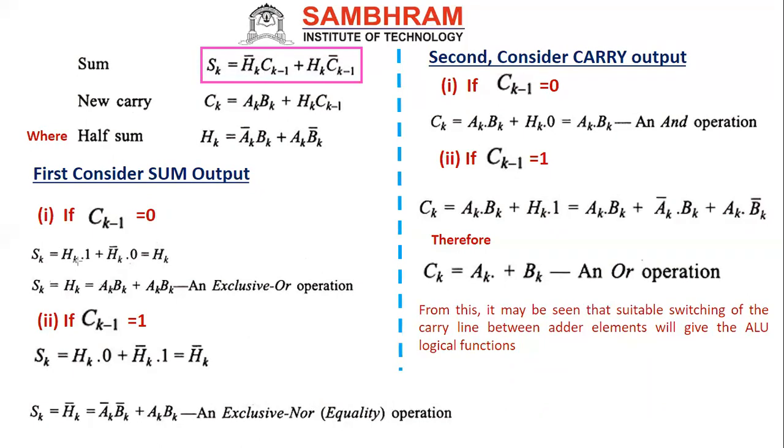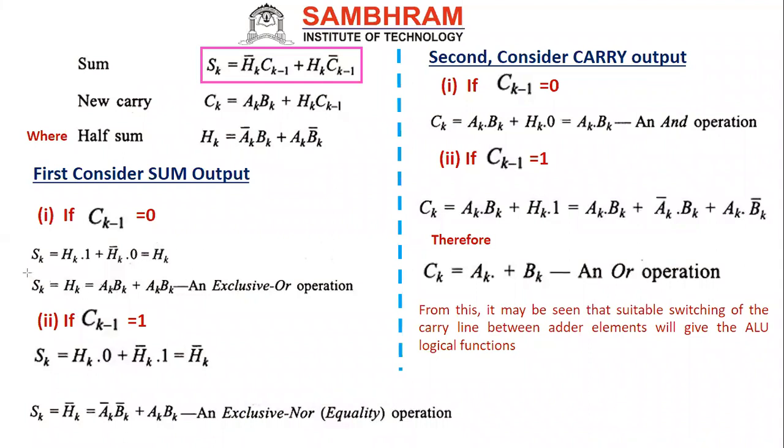See, that is what I get. Hk dot 1 plus hk bar dot 0, this term gets cancelled, and then I get Sk = hk, where hk = ak bar bk + ak bk bar.